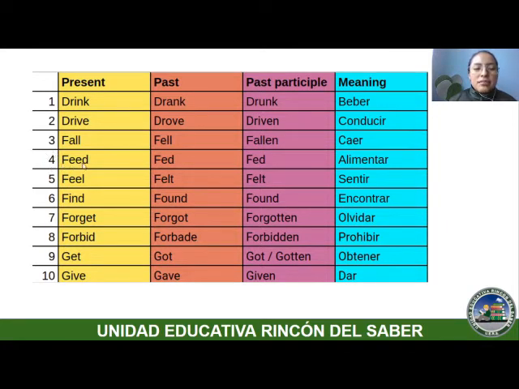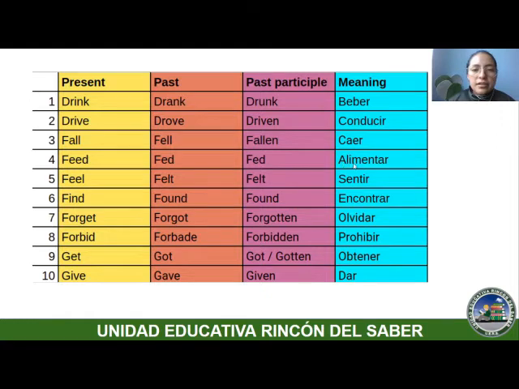In present, in past, participle, and the meaning. Excellent, very good. Now, number 5. In present, feed. In past, fed. In past participle, fed.